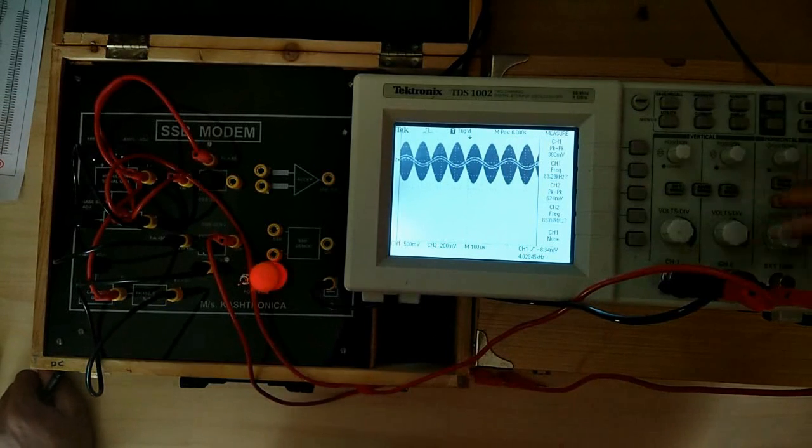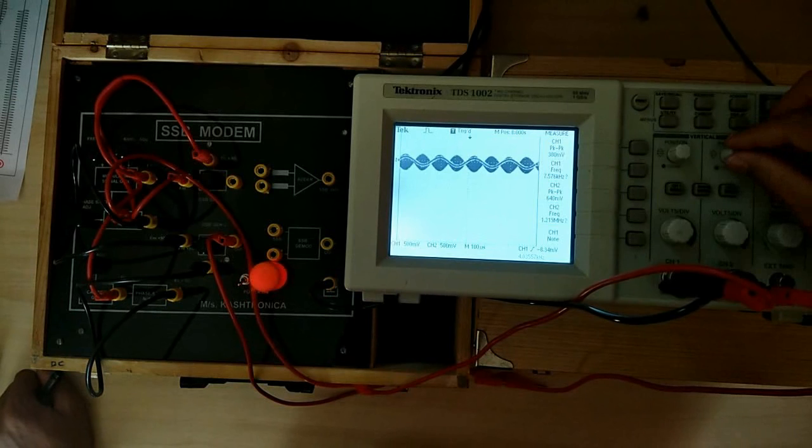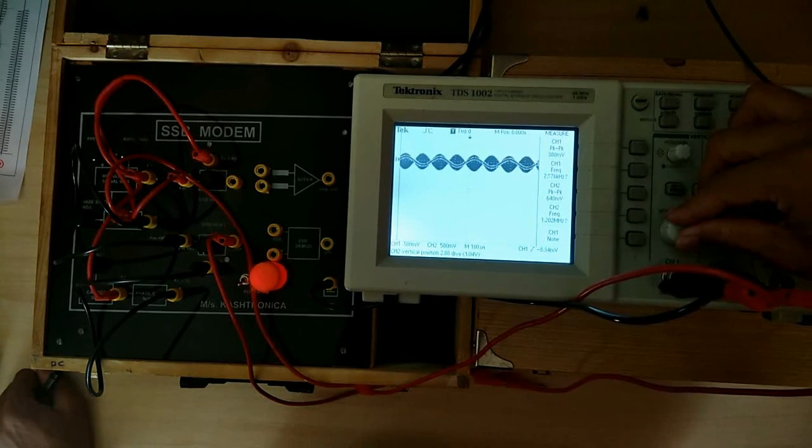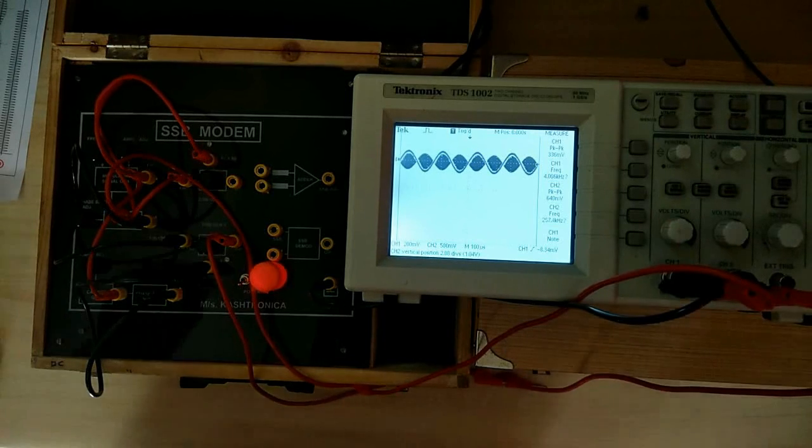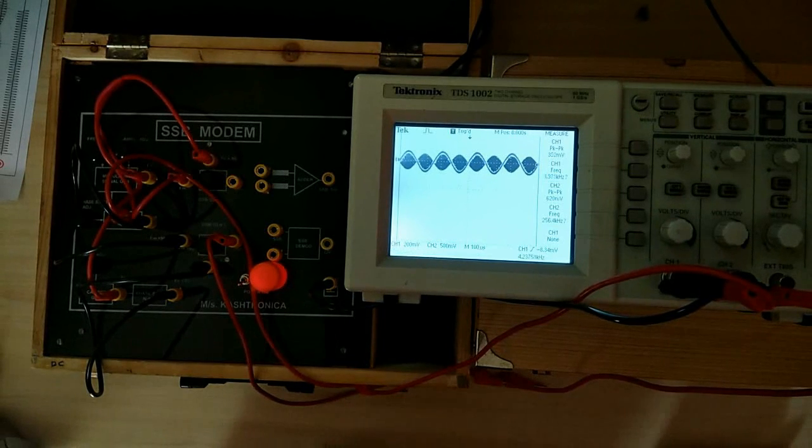This is our second DSBSC, with respect to the minus 90 degree phase shifted message signal.